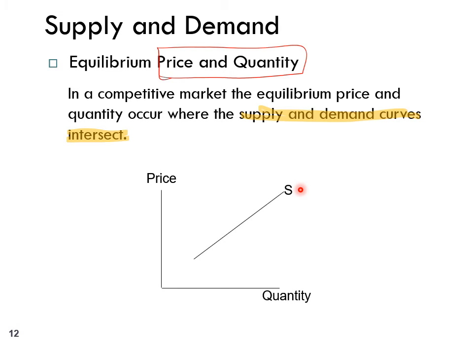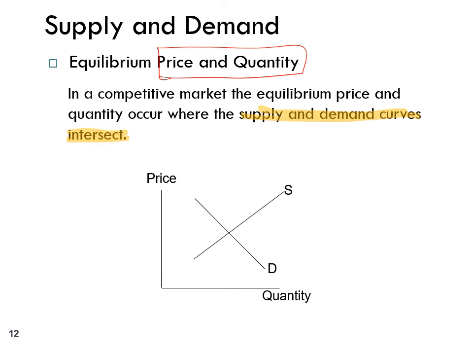So remember, this is the supply curve, which says that as the price increases, the supplied quantity increases. On the other hand, the demand curve says that as the price increases, the demand decreases. So this is the supply curve and this is the demand curve.